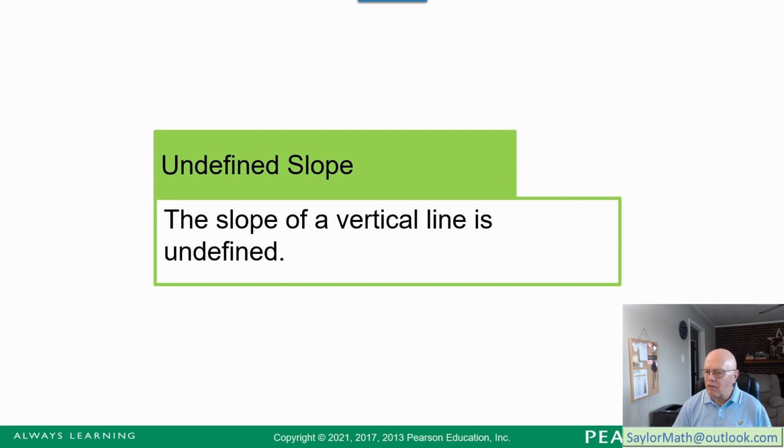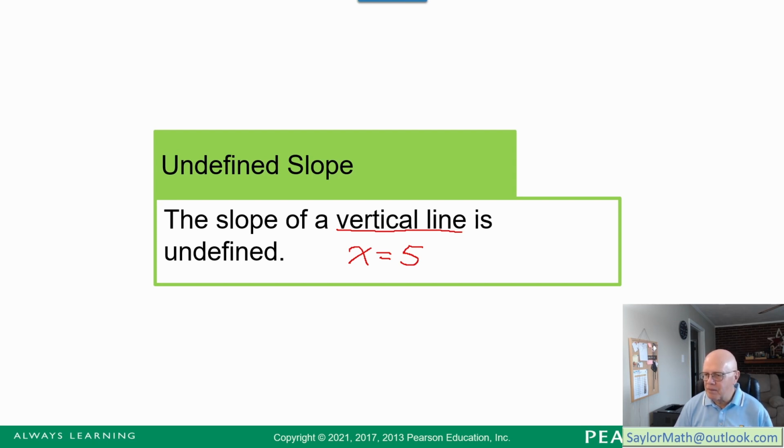Undefined slope, a vertical line. Now this is very important. The slope of a vertical line is undefined. And we're going to add one other thing to that. That vertical line is going to have an equation that looks like this. And we'll just throw in a number here. Let's say x equals 5. So 3 things to glue together in your head.